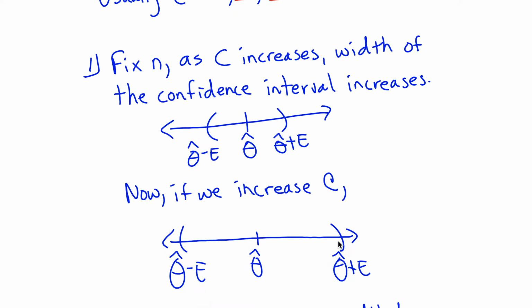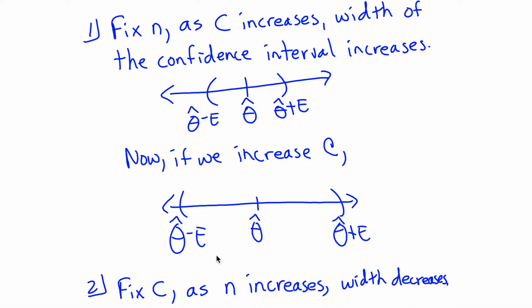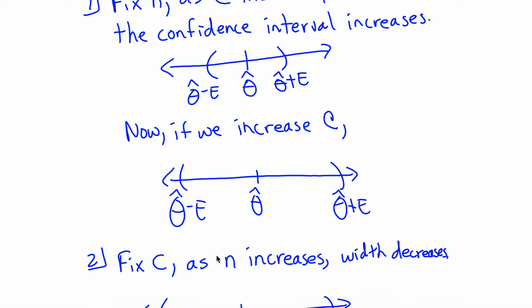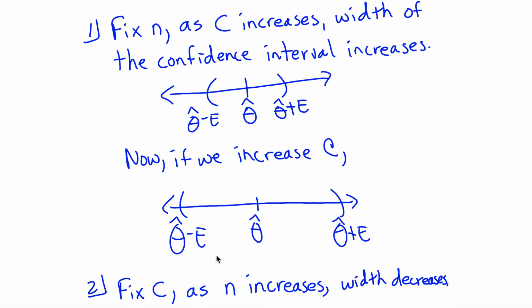Now, if we increase the confidence level, then, like I said, that width gets wider and wider. So now let's say we do it the other way. If you get less confident, then you can have a smaller and smaller interval, because you can be less confident that you get the little tiny rings around it, but you're more confident you get the big rings.